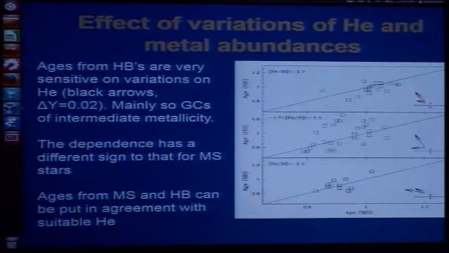These arrows show the effect of changing helium by 0.02. Because when I derive the ages for the moment, I assume the same helium for all the clusters. But if I leave it variable, I can justify this difference. It's not a big difference in helium that is required. Only 0.02, for instance; see the length of this arrow, it almost explains the entire difference that we observe.